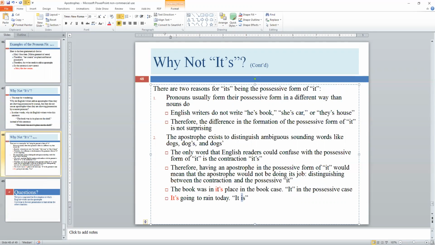Our use of apostrophes here is meaningless because we're using it every time there could be confusion. So that's why we don't use an apostrophe here. Because when we see this word written, we immediately know, oh, there's no apostrophe, so the writer didn't mean that this is a contraction. Well, there's only two choices. It's either a contraction or it's a possessive form, because after all, it can't be the plural.